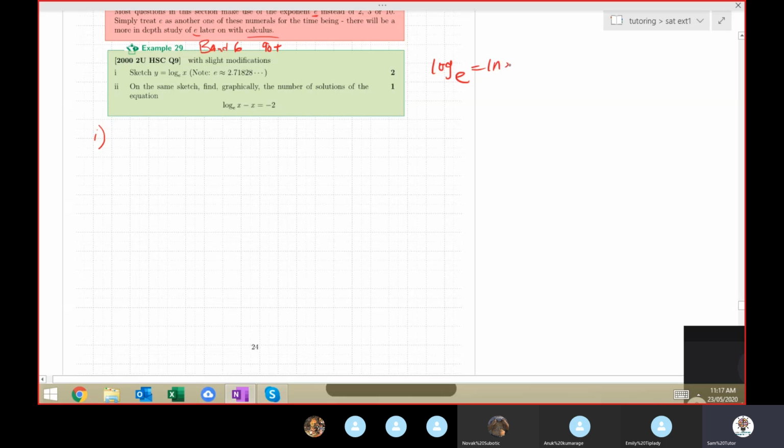So sketch y equals ln x, and look how many marks it's worth. 2. Nice and easy. ln x, we know the asymptote's at 0. There's my intercept of 1. Thank you very much. Easy 2 marks.